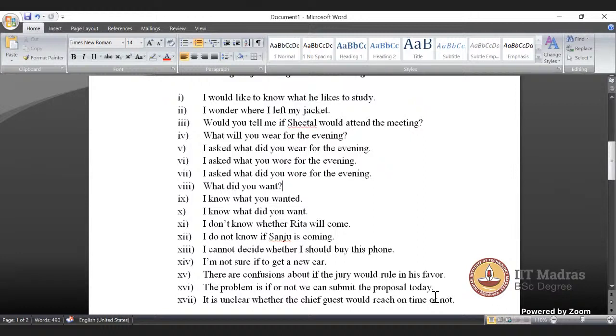If is restricted to certain usages, and this is again one such usage. If you have a preposition preceding it, then it has to be followed with whether and not if. So this sentence is ungrammatical. There are confusions about whether the jury would rule in his favor is the right answer, not if the jury would rule in his favor.